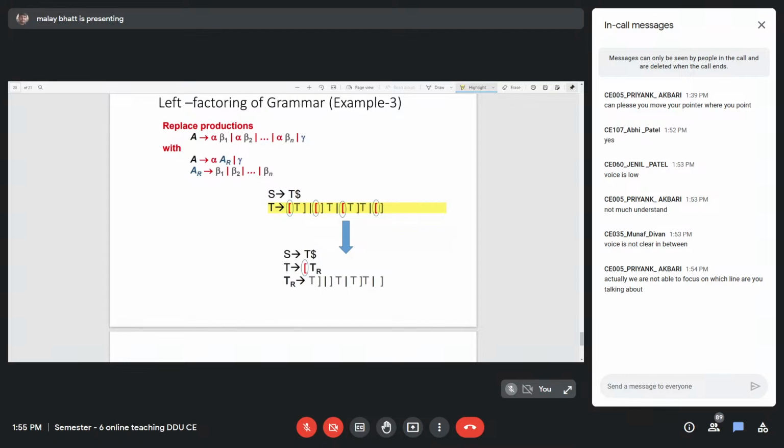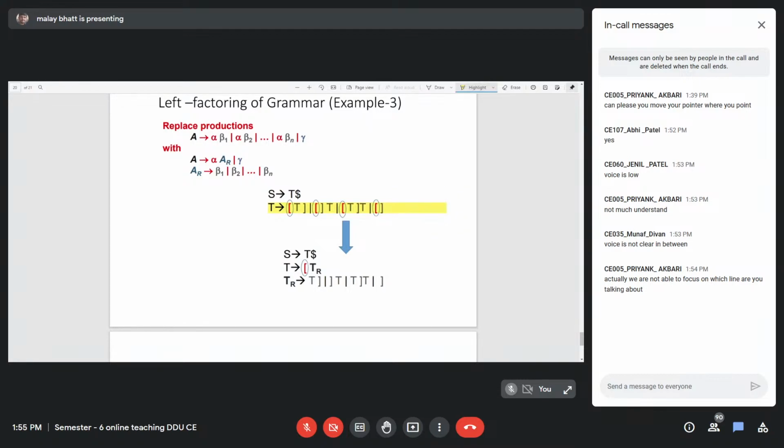So right now we are discussing this line. We have the opening bracket as a common parameter, so it is alpha. Beta 1 is T closing bracket. Beta 2 is closing bracket T. Beta 3 is T closing bracket T. And beta 4 is the closing bracket.